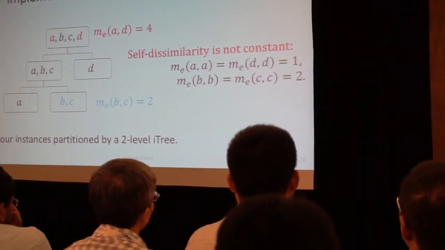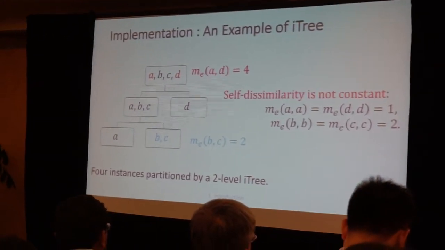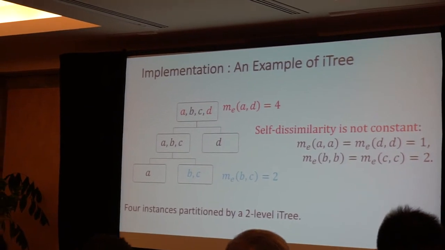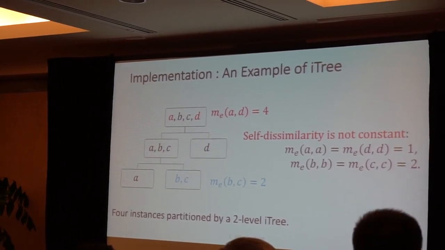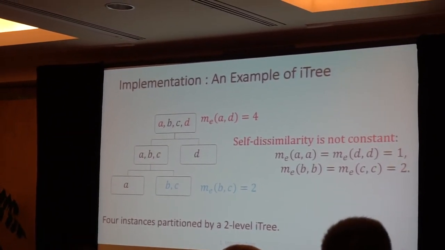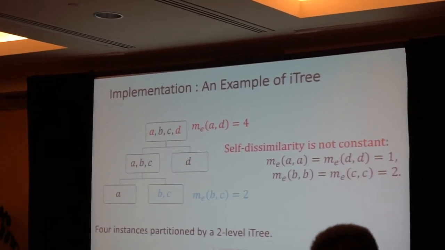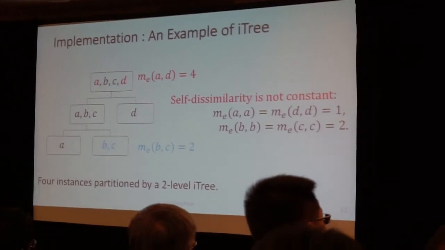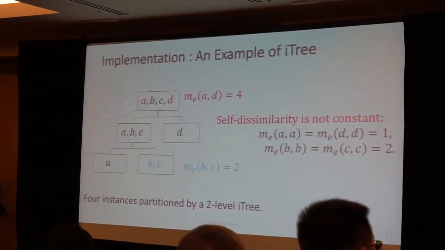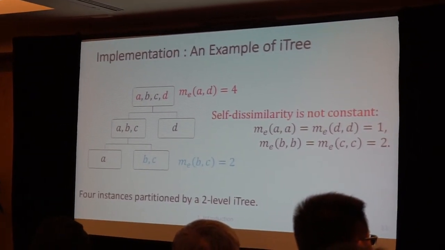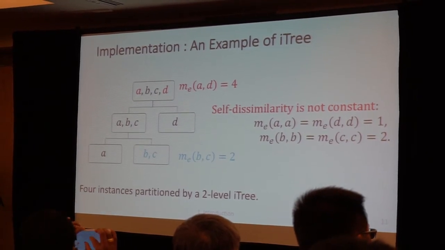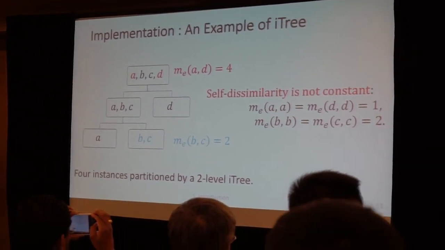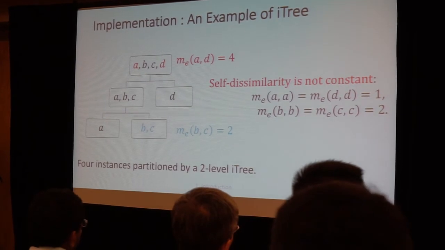In this case, as you can see, the self-similarity of A to A is 1, but the self-similarity of B to B is 2. In other words, the dissimilarity is also data dependent. Alright, by the way, to link it back to the original source of mass estimation, the self-dissimilarity is in fact the mass distribution.